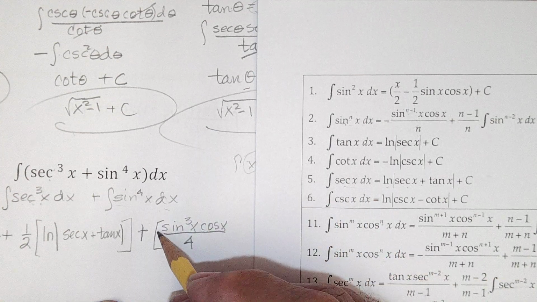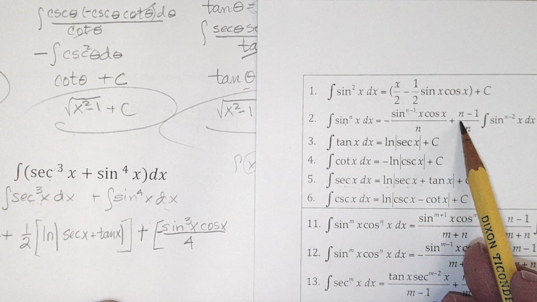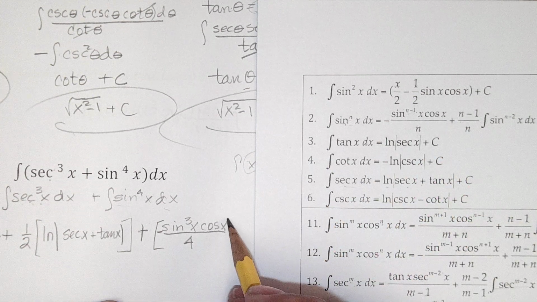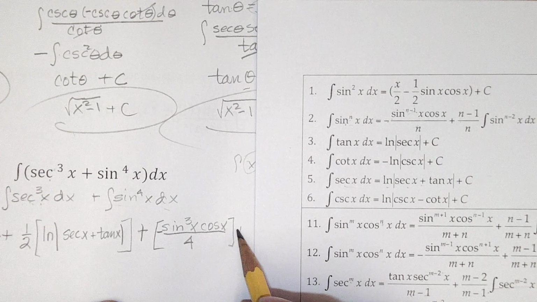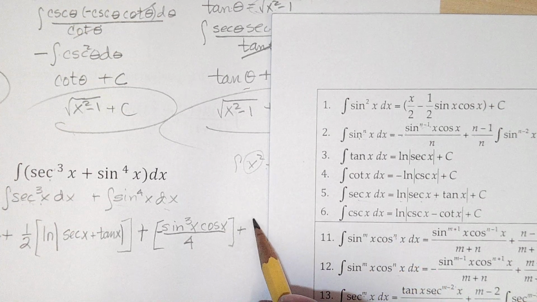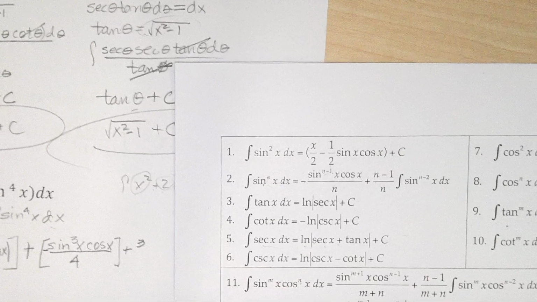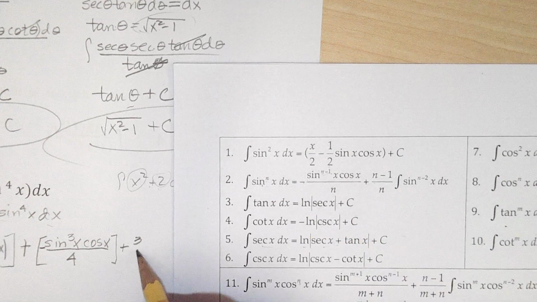So I'm going to go plus and make this minus inside. And then we have plus n minus 1. So 4 minus 1 is 3, over n, 4.